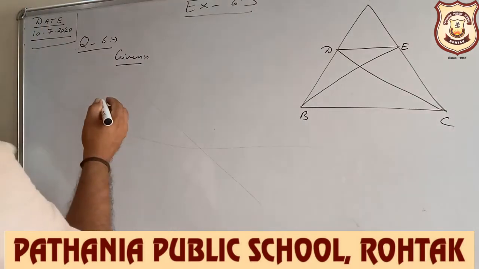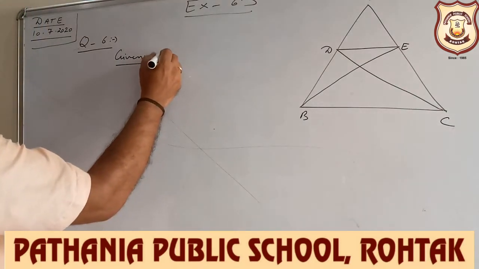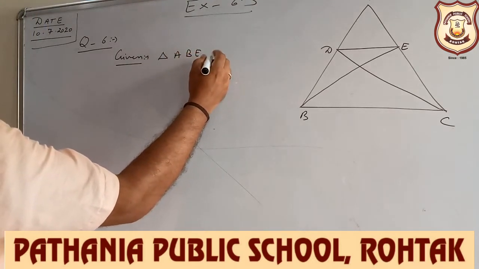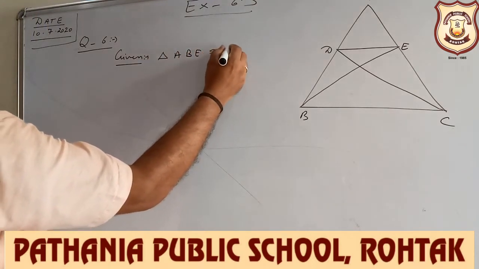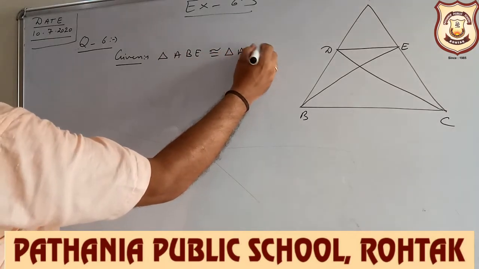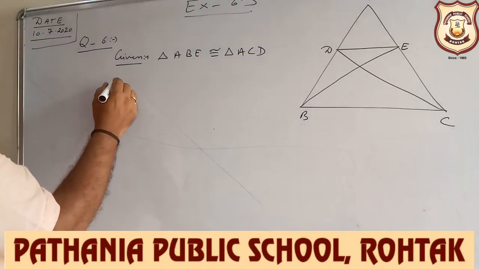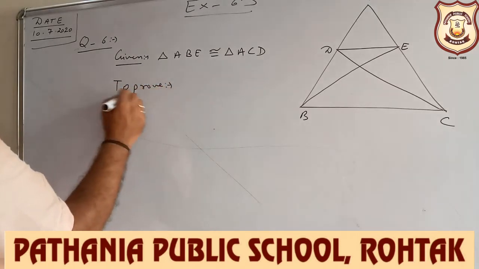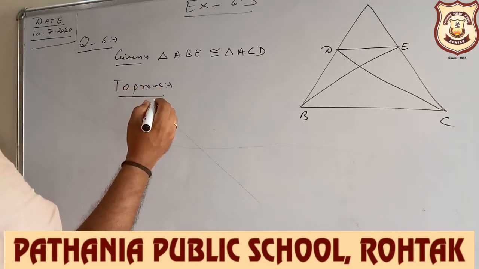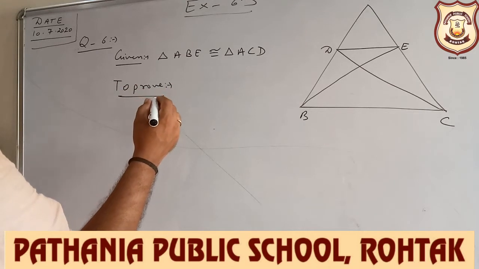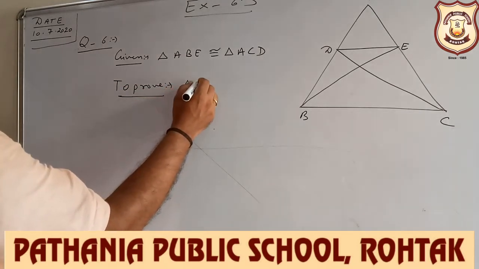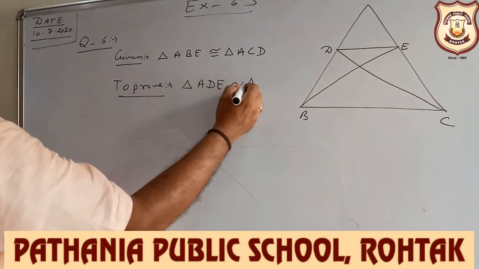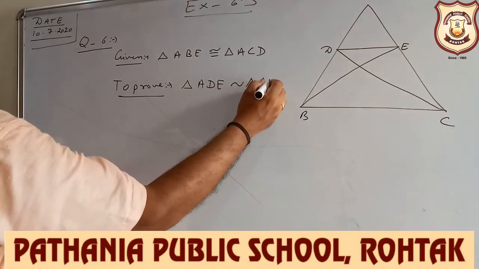Given you can write this one only: triangle ABE is congruent to triangle ACD. Then to prove, you can write triangle ADE is similar to triangle ABC, the big triangle.